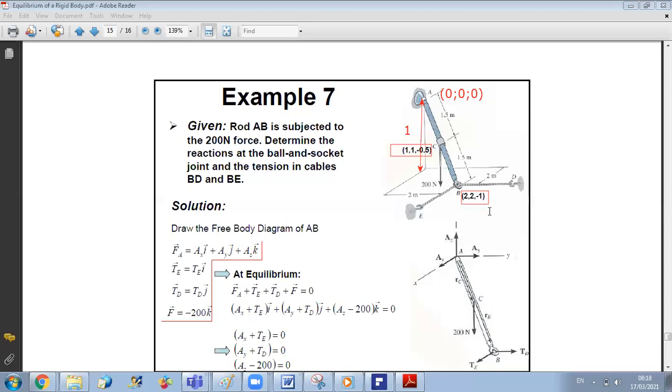So I have 2, 2, minus 1 for B. Since C is the middle of AB and the coordinates of A are 0, 0, 0, the coordinates of C will be xB over 2, yB over 2, and zB over 2. So it's 1, 1, minus 0.5.